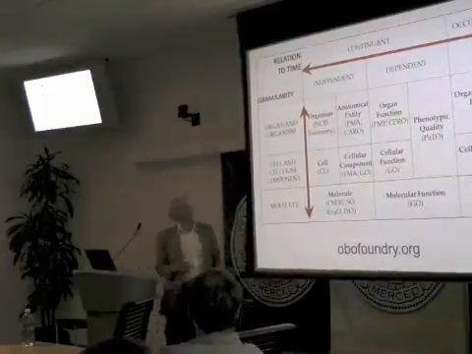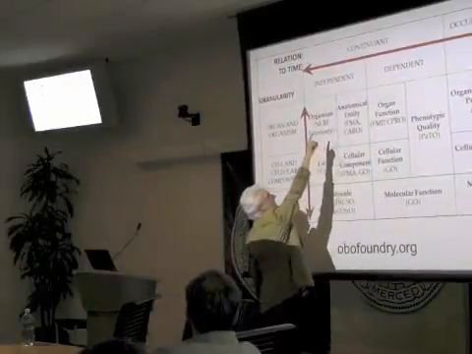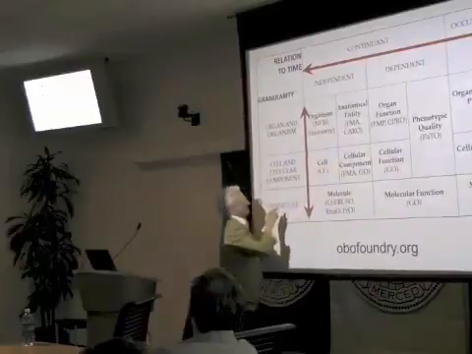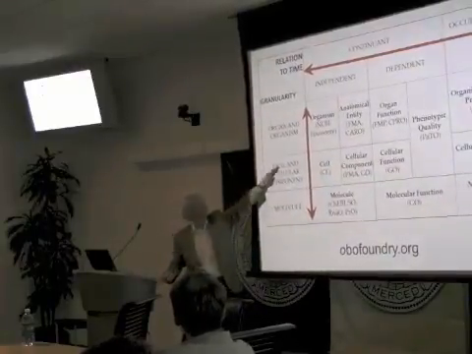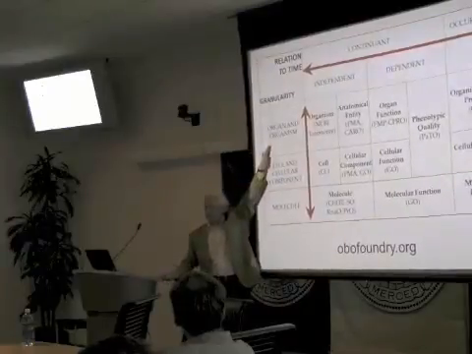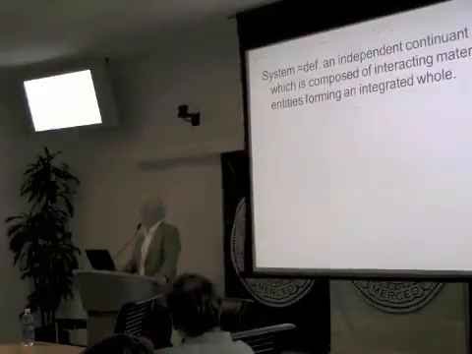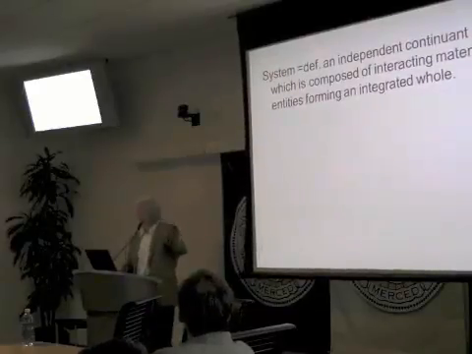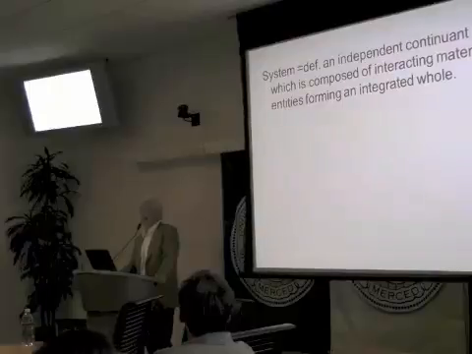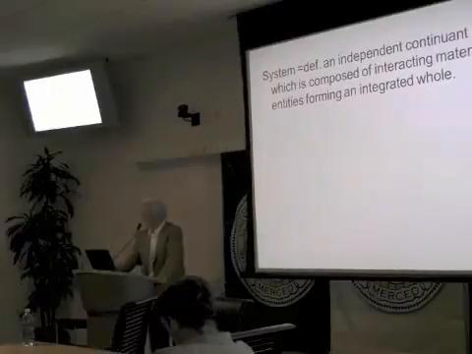And then to say that environments go here is to say that environments are independent continuants which exist at every level. So there are molecular environments, there are cellular environments, there are environments of single organisms, and there are environments of populations of organisms. Now, one of the higher level terms in our ENVO is system, because we're interested in environmental systems.